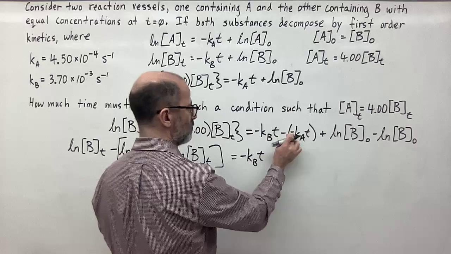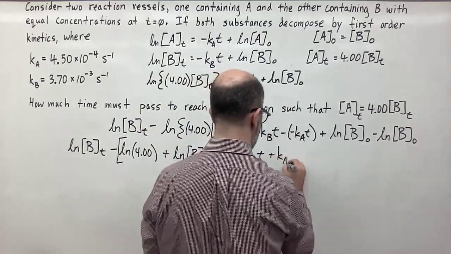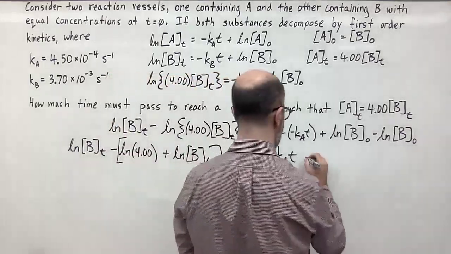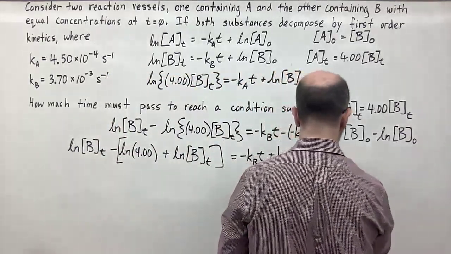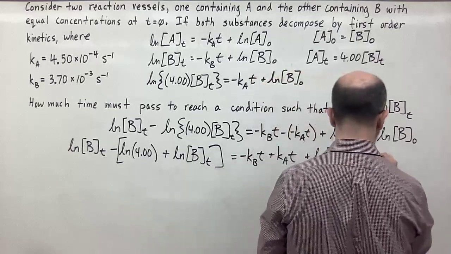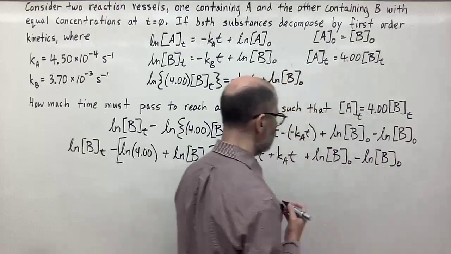And the negative times the negative gives me a positive. So that's going to be Ka t. And then I've got, again, plus the natural log of the initial concentration of B minus the natural log of the initial concentration of B. Okay.